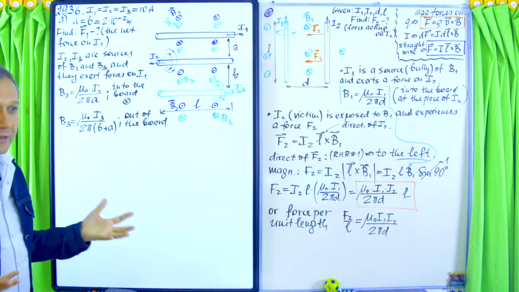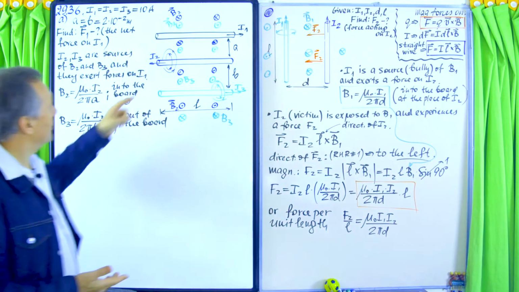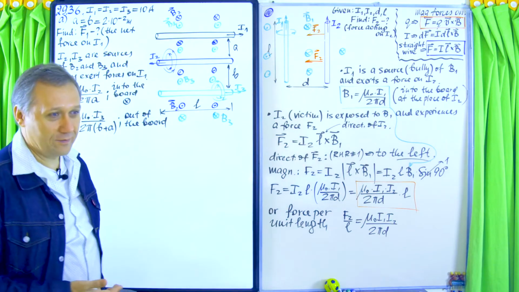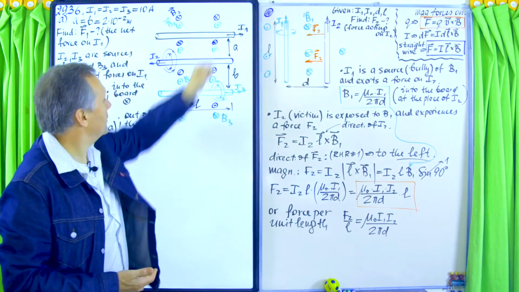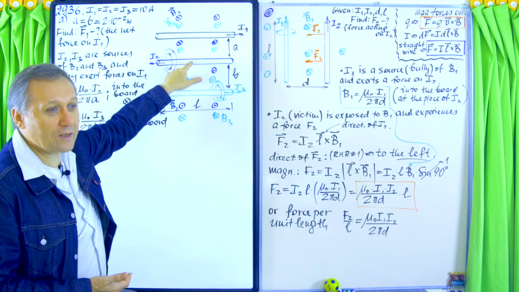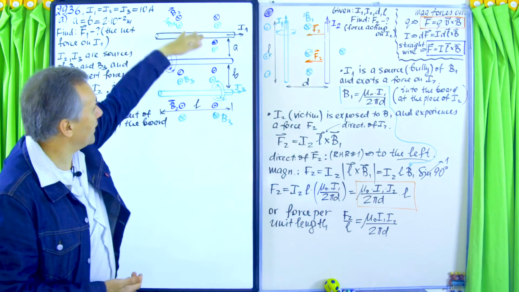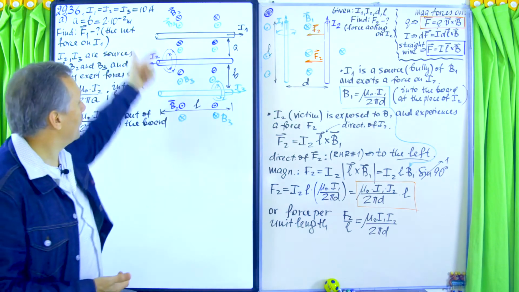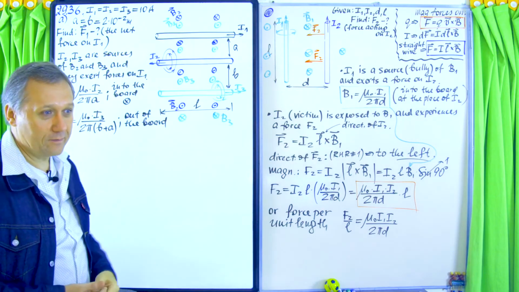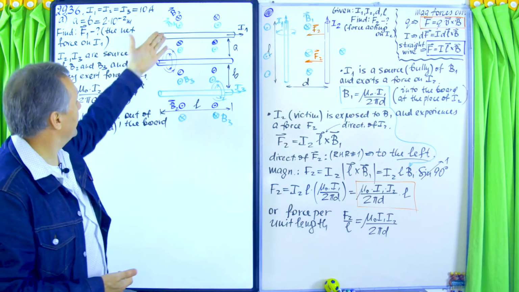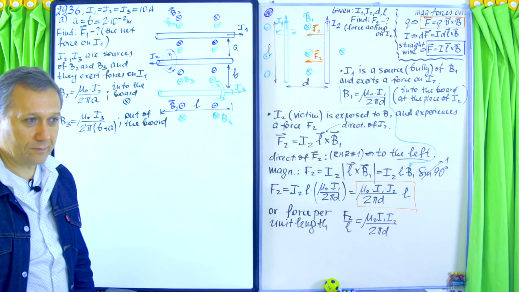I think for everyone it's obvious which field is stronger. Since source of B2 is closer to these points, of course, so magnetic field B2 is going to be stronger. So this wire is farther away from wire I1, right? So of course, magnetic field at this level, B3, is going to be weaker, right?